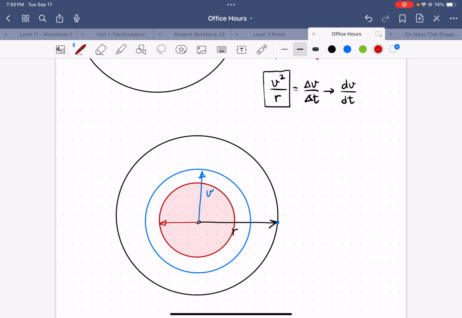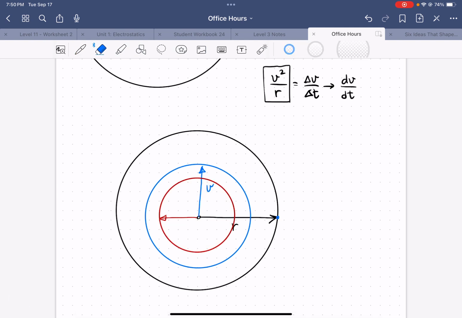I haven't drawn this accurately, but his argument was that this ratio v over r should be the same as the ratio a over v, which, multiplying both sides by v, gives you acceleration is equal to v squared over r. So this one's maybe a little more abstract than the other one, but I think it's really elegant, so I wanted to show that as well.